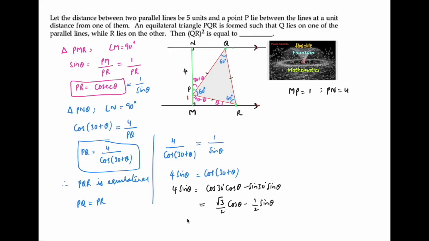Or here 4 plus 1 by 2, that is 9 by 2 sin theta is equal to root 3 by 2 cos theta. So we can write sin theta by cos theta, that is tan theta, is equal to root 3 upon 9.